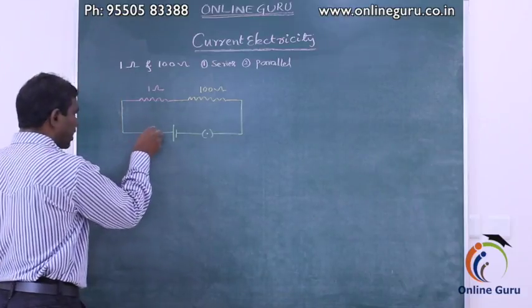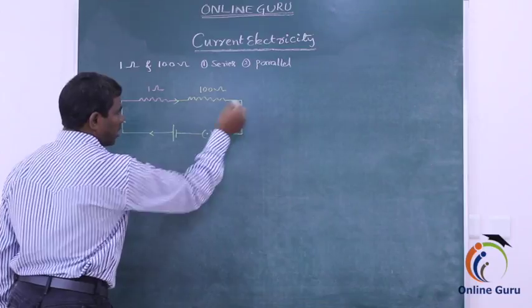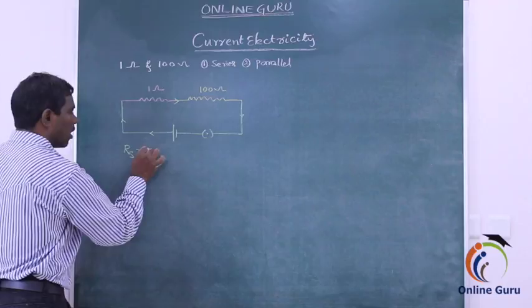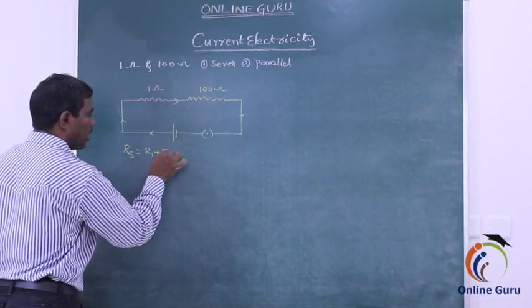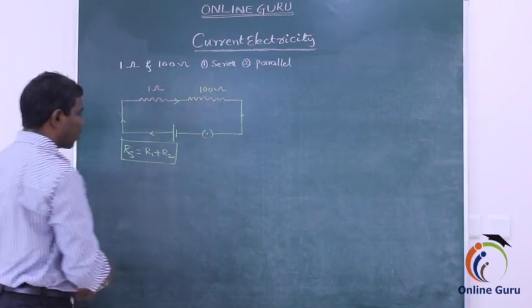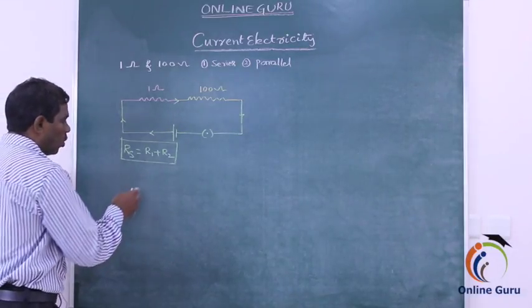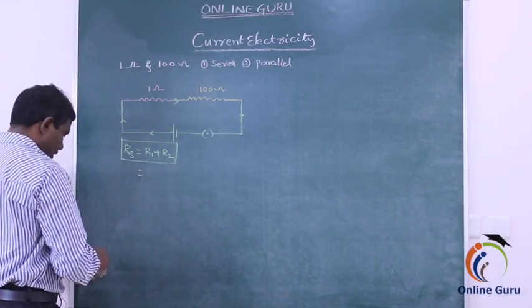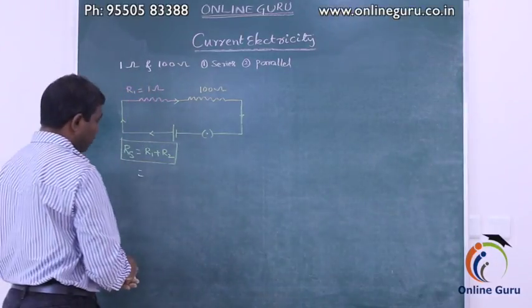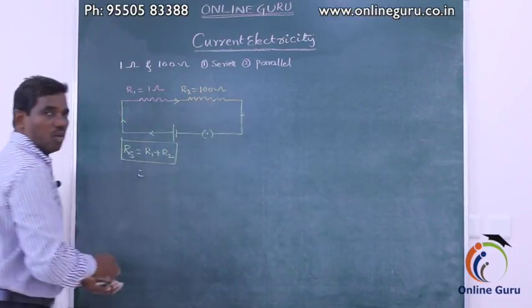Then what about the resultant resistance in a series combination? The resultant resistance in a series combination, Rs is equal to R1 plus R2. When we know the formula for the series combination of resistors, Rs is equal to R1 plus R2, that is equal to, they are given R1 is equal to 1 ohm and R2 is equal to 100 ohms.